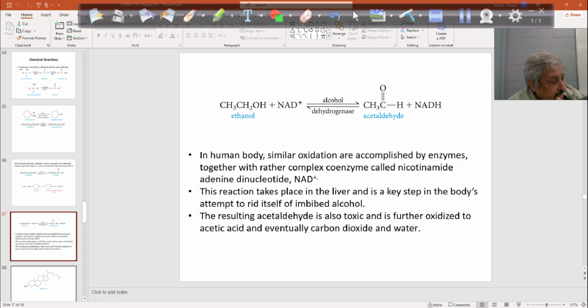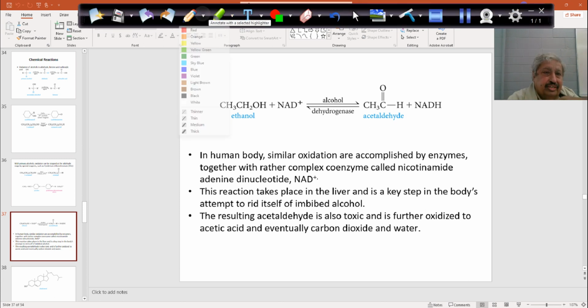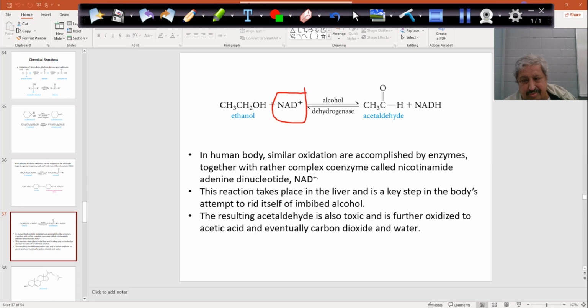To acetaldehyde, and then further to carboxylic acid. Those are still toxic. Then further to carbon dioxide and H2O. So the liver does that with a catalyst. The liver is utilizing an enzyme. Here it is, you don't have to memorize, nicotinamide adenine dinucleotide. This is produced inside the liver.